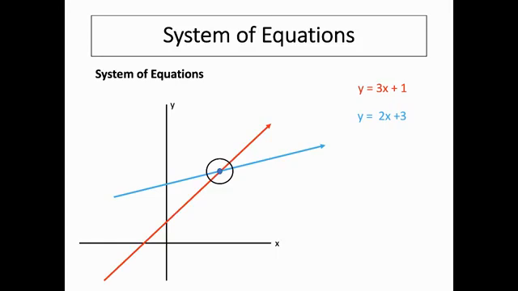And let's say on this example, the red line starts at 1, but it goes up pretty quickly with a slope of 3, or a rate of 3 over 1. So my line is going to shoot up pretty quickly, and it's going to increase at a faster rate than this line.